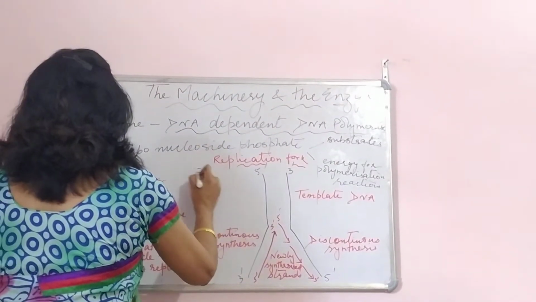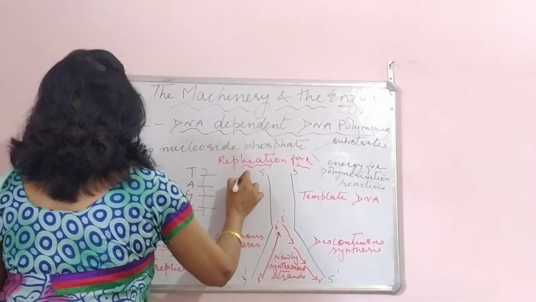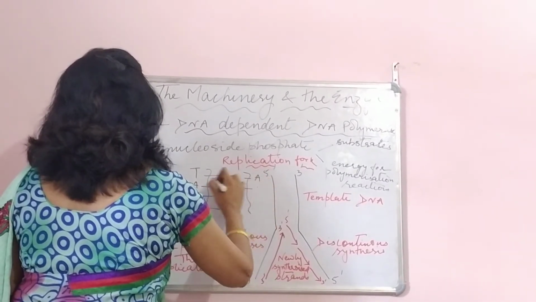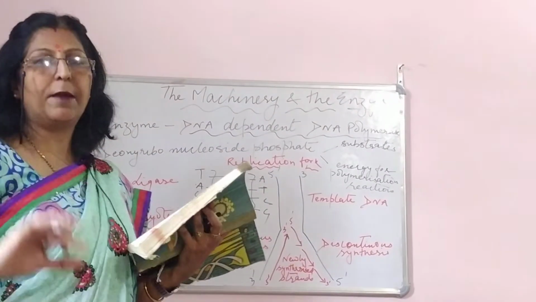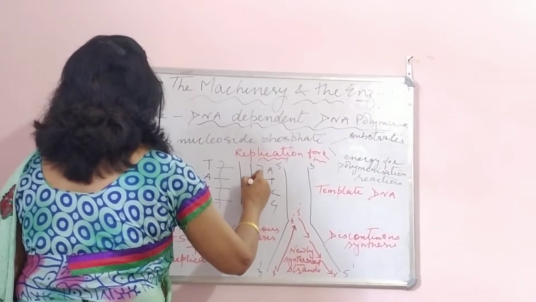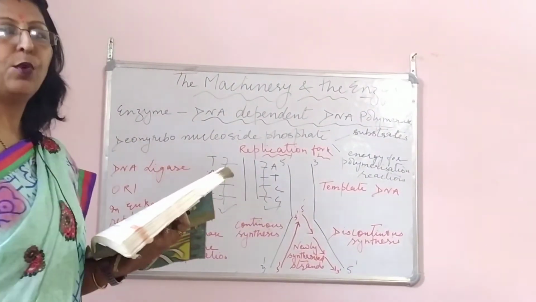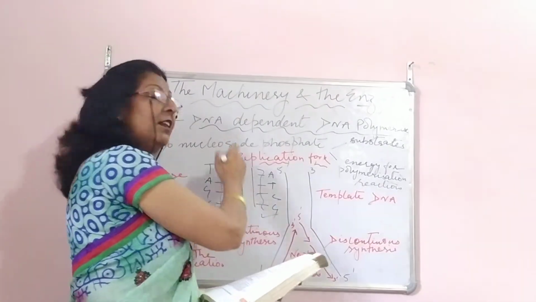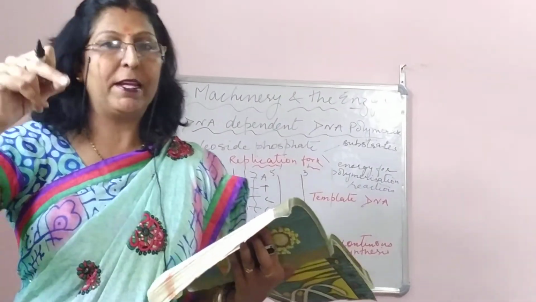Suppose this is the original strand A, T, A, G, C, and the other strand: for A it will be T, for G it will be C. So these are the two strands after replication. This will form one strand and this will form another strand. Got it? So these two both have the capacity to act as template strands. And the enzymes play a very important role in polymerization, in forming the complementary strand.